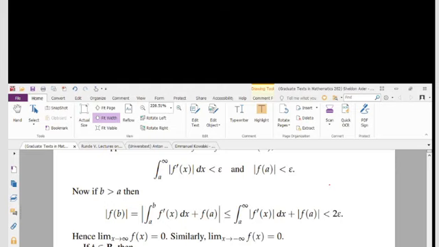Now for any t in R, we have f prime hat of t equal to the integral multiplied by this function dt by the definition of Fourier transform.